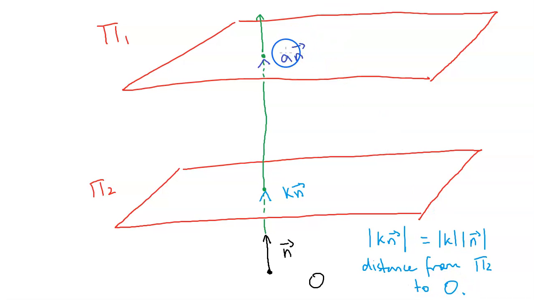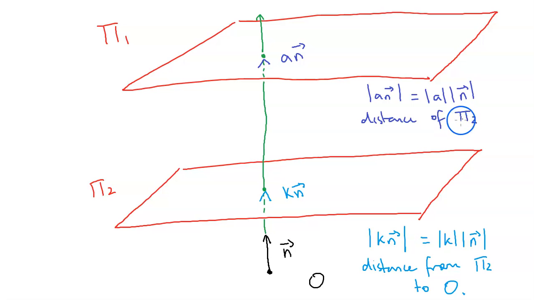And the length of an, which is equal to the absolute value of a times the length of n, this is the distance of pi 1 to the origin.